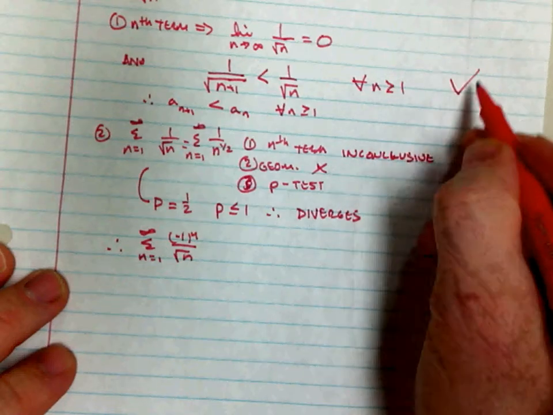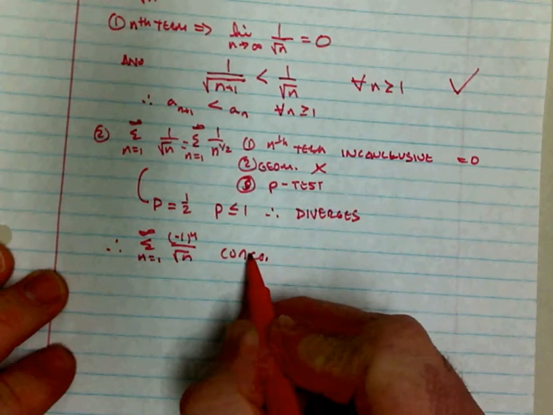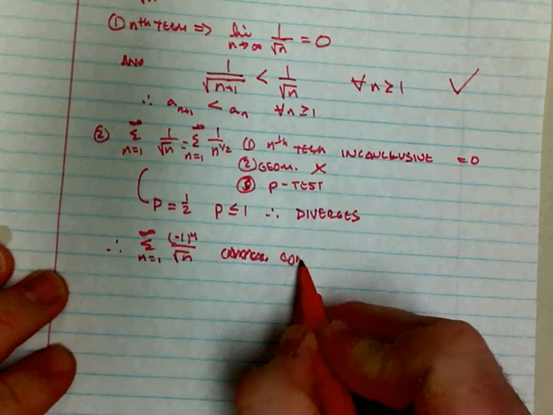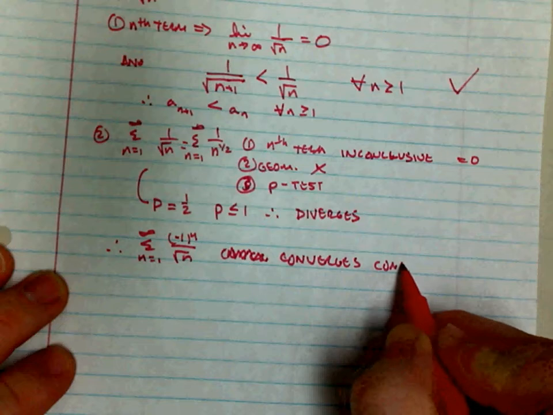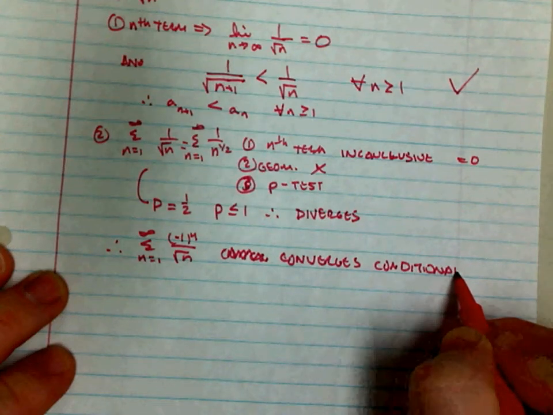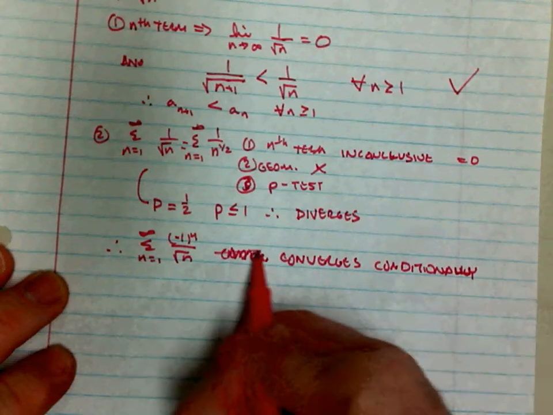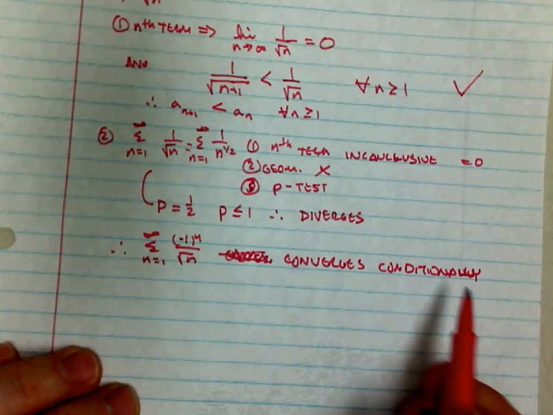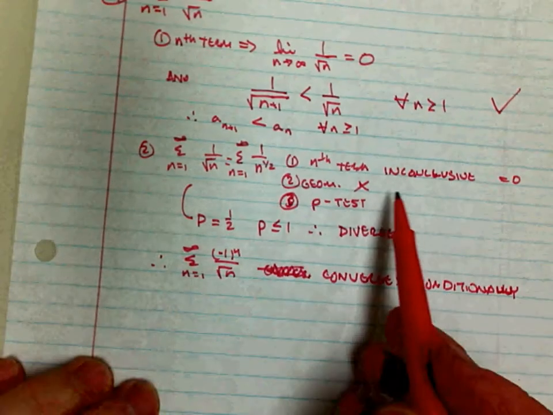but it converges conditionally. Okay. Last one converged absolutely because it didn't really need to have a positive, negative, positive, negative because the positive series converged.